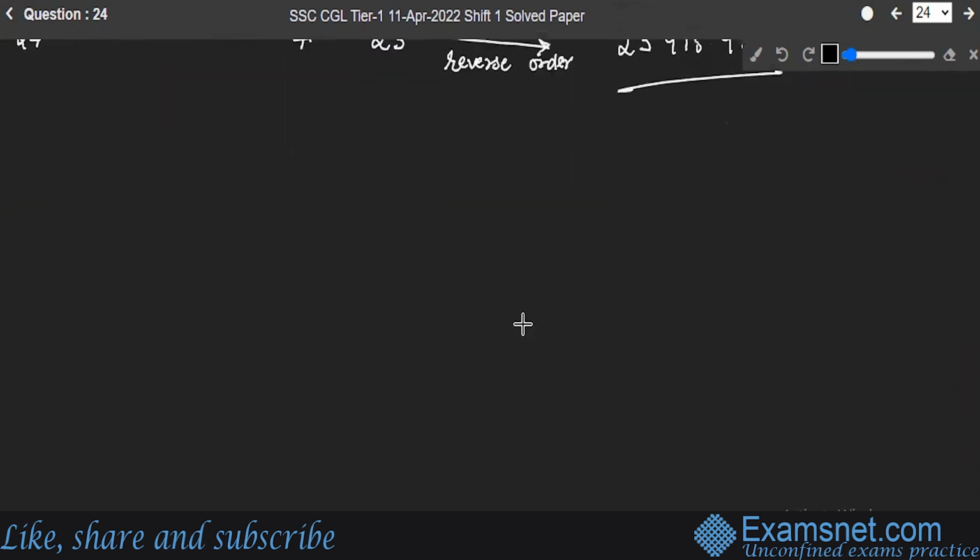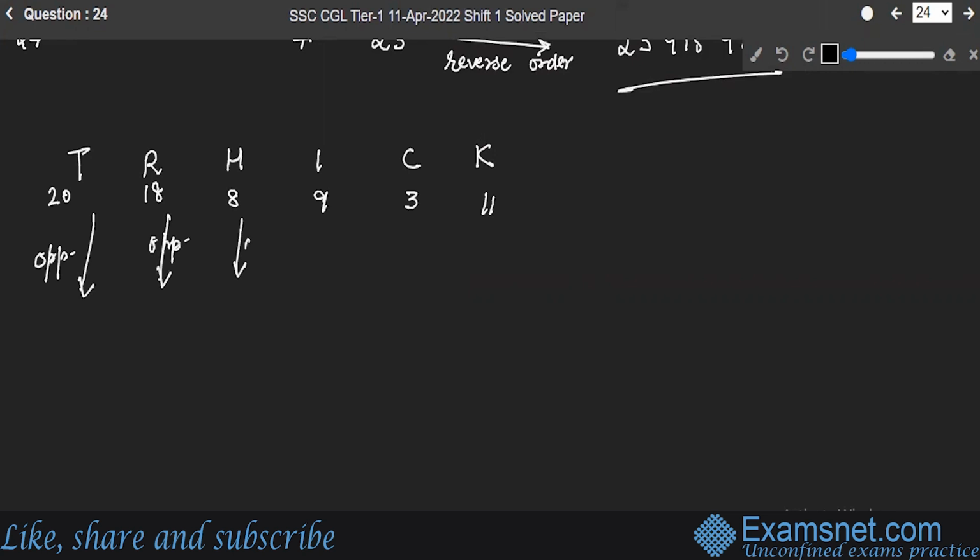It was T R I C K. Right? So it's 20, 18, 9, 3, 11. This is a consonant, I'll take the opposite; I'll take the opposite for this as well; I will take the same for the vowel; I will take the opposite and the opposite again, right?